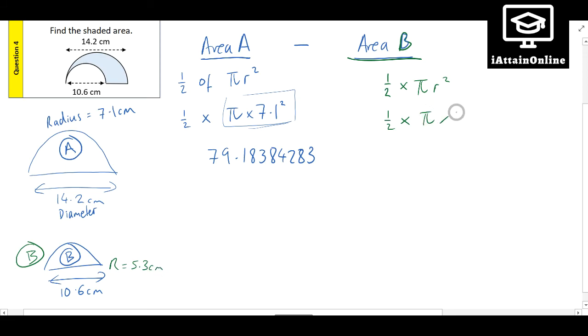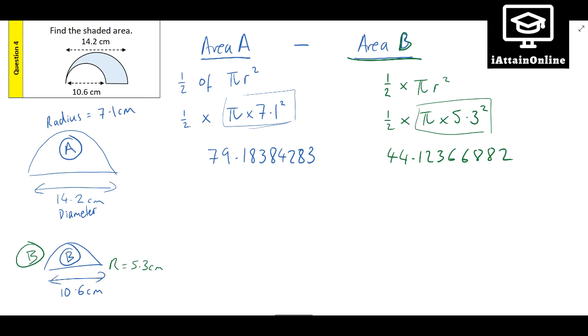So pi times 5.3 squared. I'm just going to put that into my calculator, this bit here, and then I'll divide my answer by 2. Pi times 5.3 squared, divide my answer by 2, and that bit there is 44.123668882.